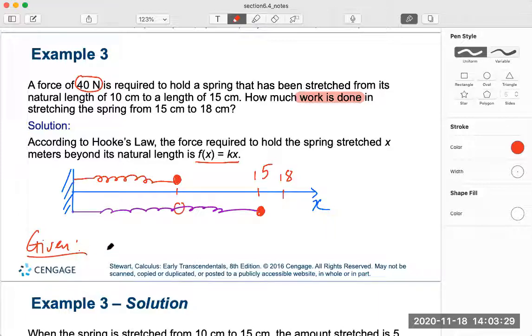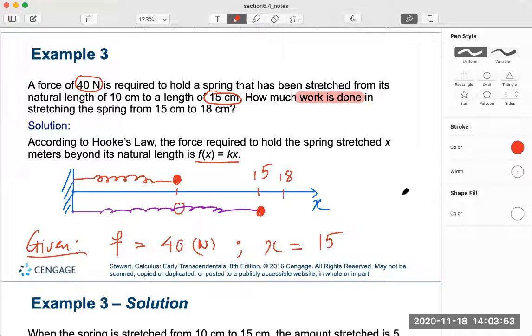Yeah, the force F, right, is 40 Newton. What else? Yes, 50 centimeters, right? It means that the displacement x here is 15.